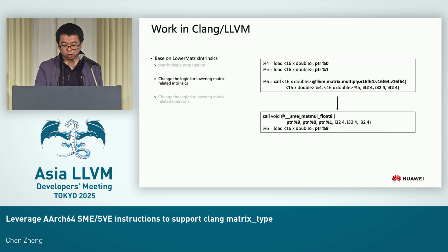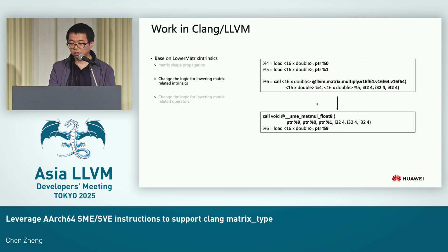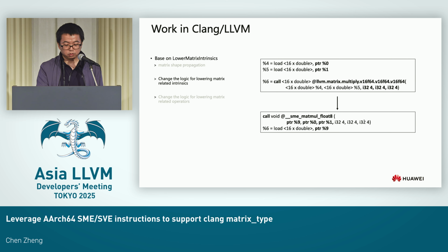We emit a call to a newly developed SME library for the matrix intrinsic lowering. And we also add some optimization here to optimize the memory access. As you can see, the SME library calls are designed to take the matrix pointer as parameters. So we directly pass the matrix pointers %0 and %1.